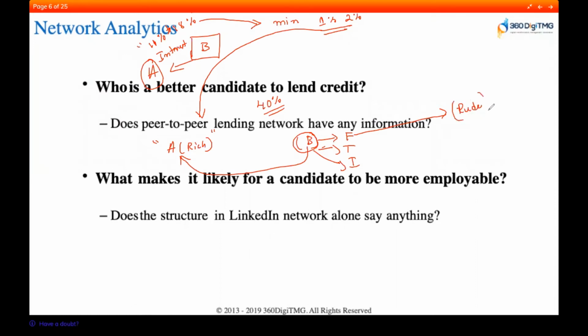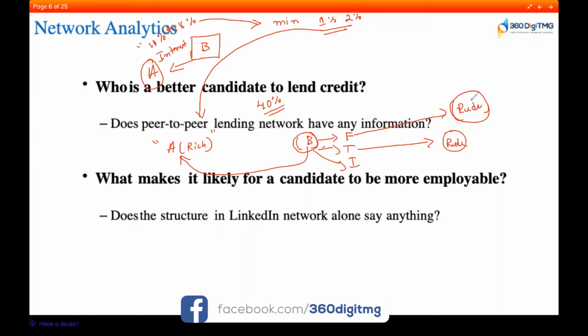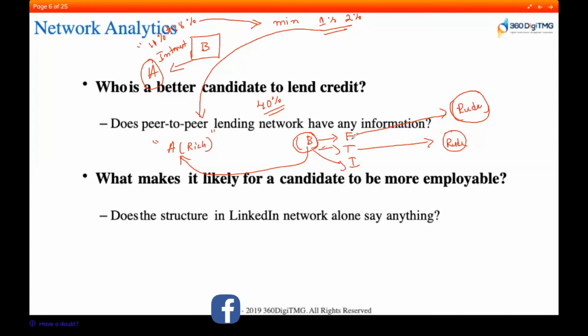How would you get to know all this information? Just because of the posts that they make. This rudeness has been identified based on the posts they make on Facebook, or the tweets they send, or posts on Twitter and Instagram.